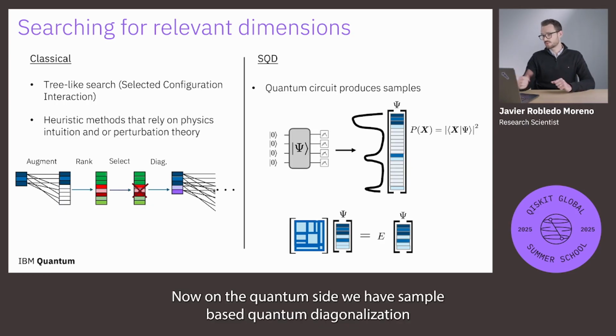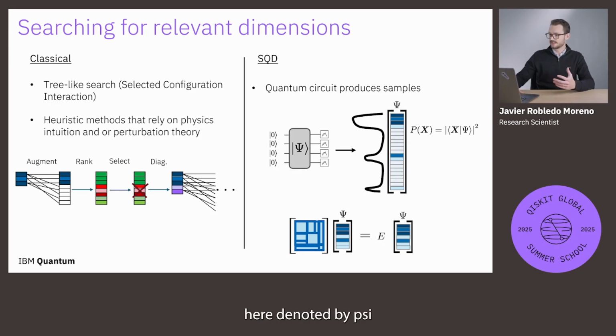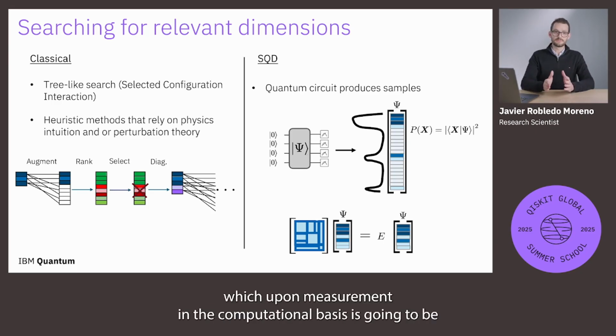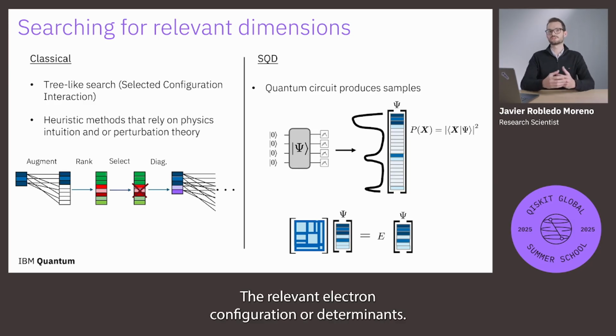Now, on the quantum side, we have sample-based quantum diagonalization, where we use a quantum circuit, here denoted by psi, which upon measurement in the computational basis is in charge of identifying the relevant degrees of freedom of the problem, the relevant electronic configurations or determinants.